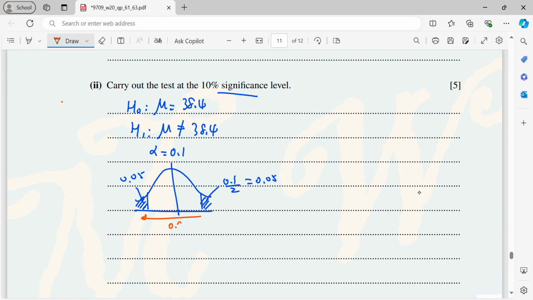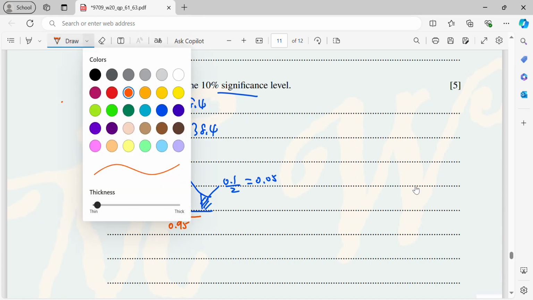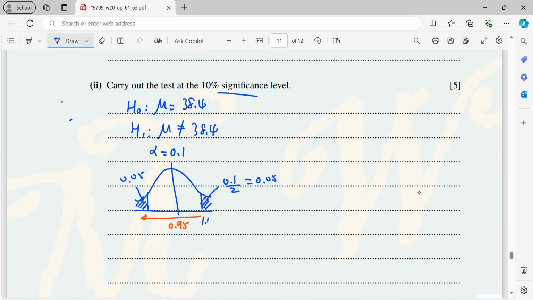So that means here is 0.95. So now when you look at the table, the critical value is going to be 1.645. So one is negative and one is positive. And then from here, I will be writing the rejection region. Reject H naught if modulus of Z is greater than 1.645.